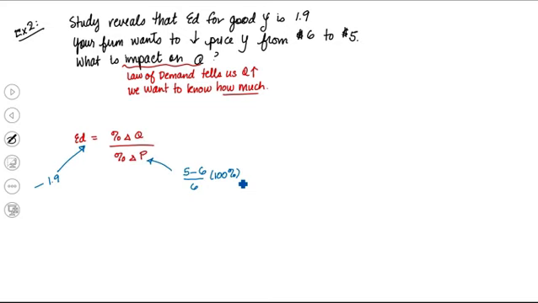Guys, can I drop that 100%? Can I cancel it with anything? No, I can't, because there's nothing to cancel it with. I can only cancel if it's in the top and the bottom. So everyone take a second and calculate percent change in price, and then see what you get.